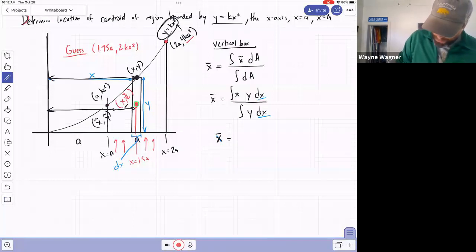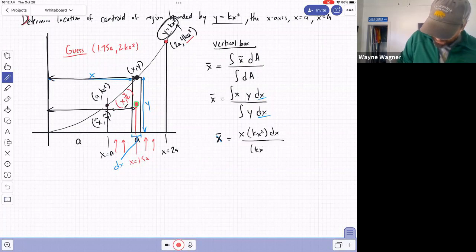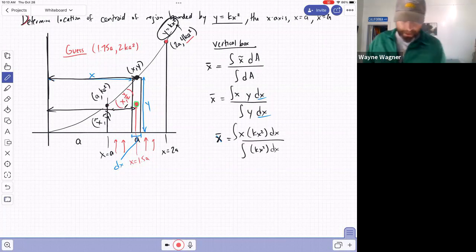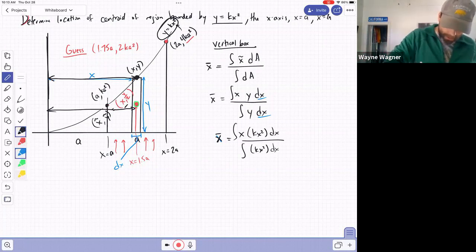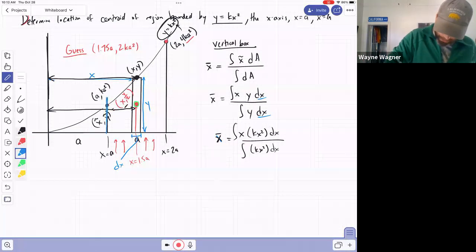So I'm going to get x times kx squared dx over kx squared dx, and I need to put my intervals in here. Oh, and I forgot to put in my limits of integration, which go from x equals a to x equals 2a. So it'll be a to 2a, a to 2a.